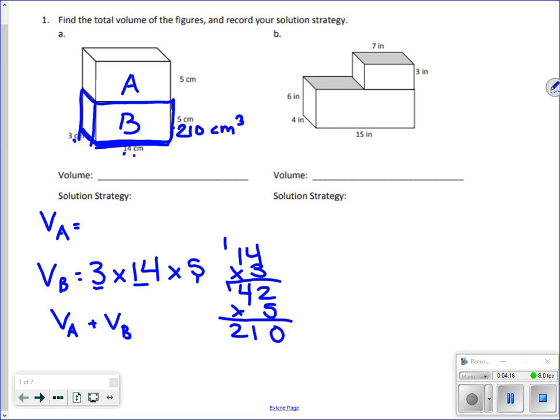So now I've got to find shape A. I've got to do the volume of shape A. Can I easily find, because they're not really labeled, the length and the width for shape A? Now I've got people that are like, well, it's not labeled, I can't do this. It sort of kind of is.